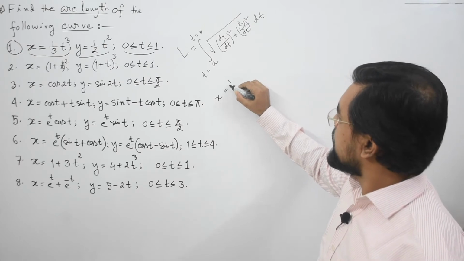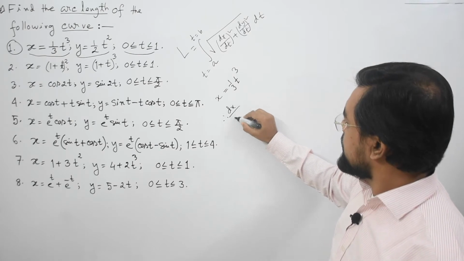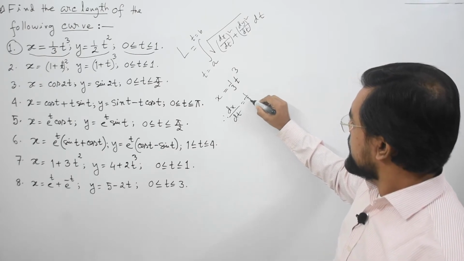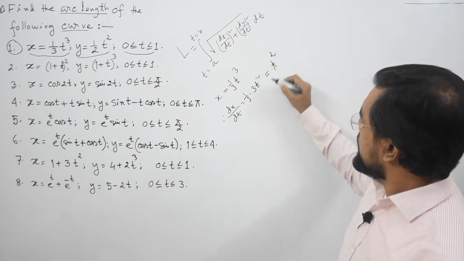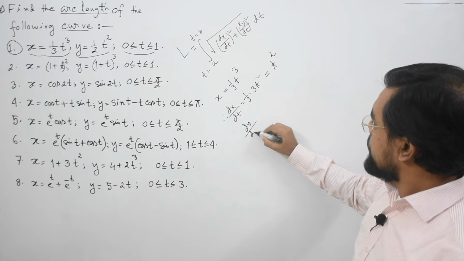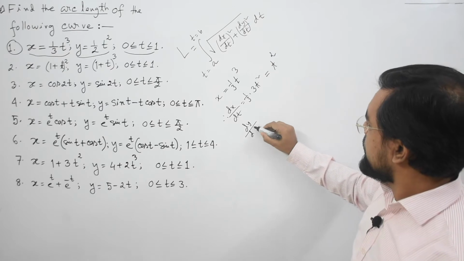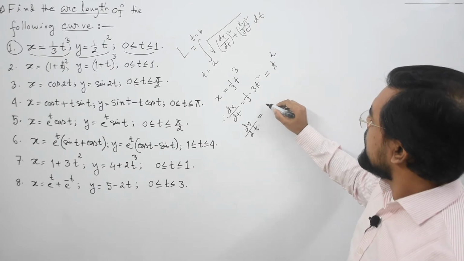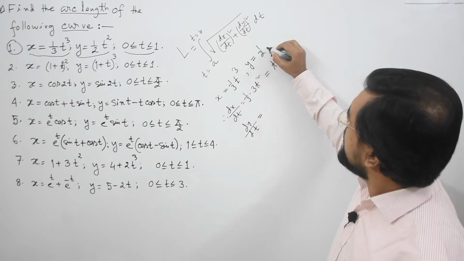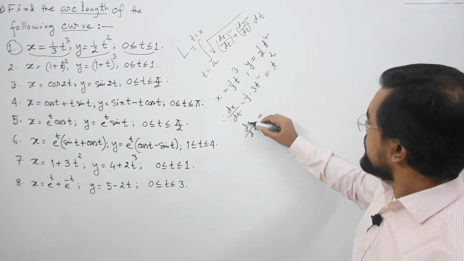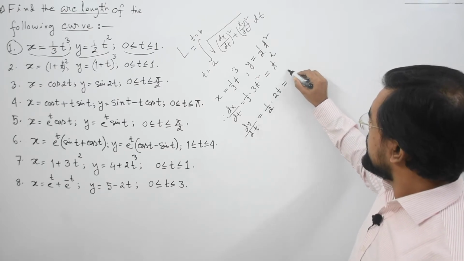Since x equal 1/3 t cubed, dx/dt will be 1/3 times 3t squared, which is equal to t squared, and since y equal 1/2 t squared, dy/dt equal 1/2 into 2t, which is equal to t.